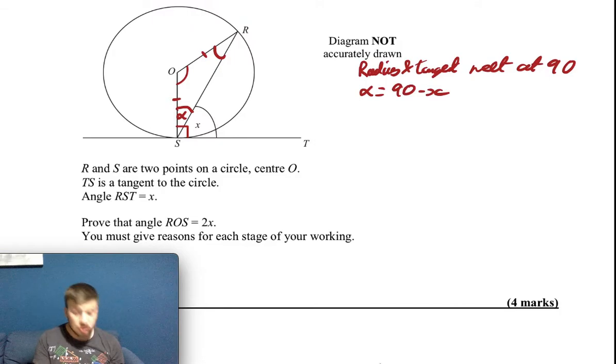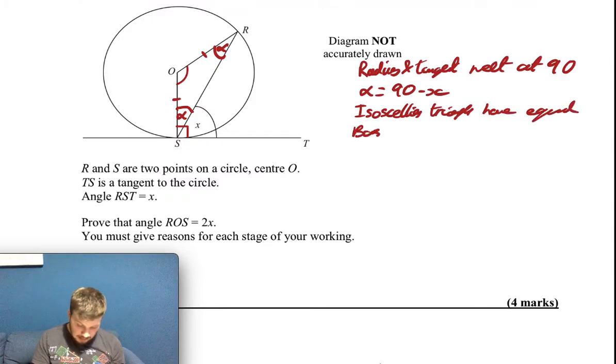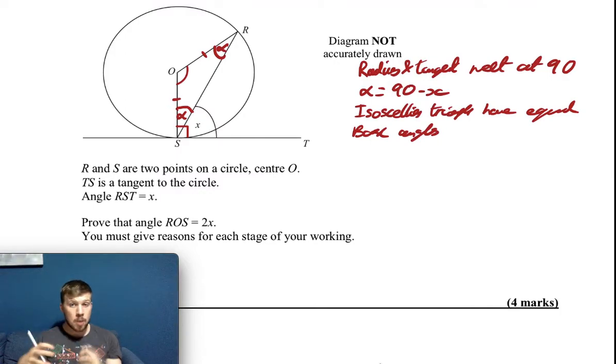It's an isosceles triangle, so this is also alpha at the top. So therefore, and I'm going to write this in, isosceles triangles have equal base angles. So I know that those two angles are both 90 take away x.